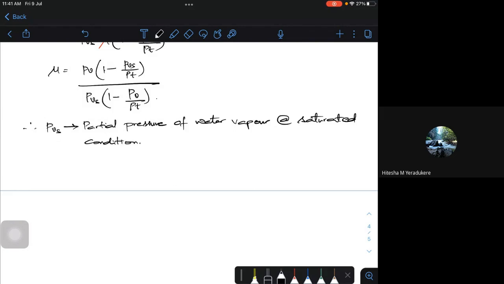So PVS can be calculated. What does it mean actually? That means you have to be very careful here. The PVS can be calculated from the steam tables.